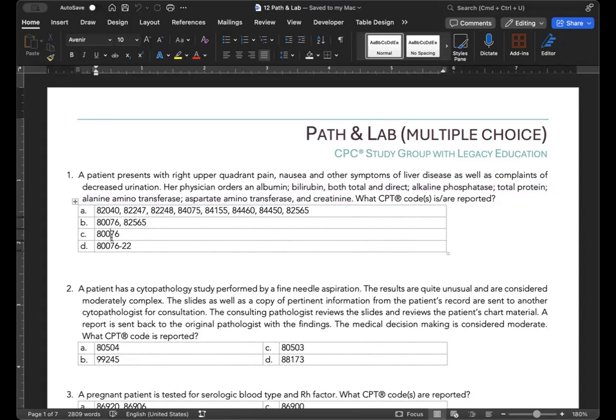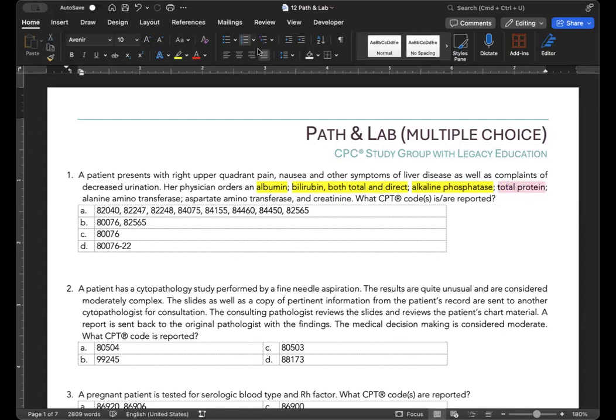So for this one, I want to go directly to the 80076. That is your hepatic function panel, and it must include the following. It has to include albumin, which we've got. It has to include bilirubin. You've got a total and direct underneath there. It has to include alkaline phosphatase. It has to include protein total.